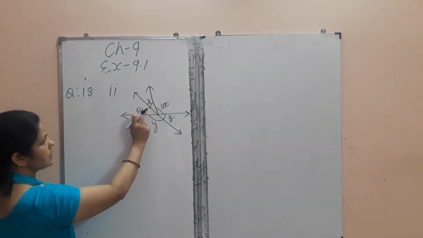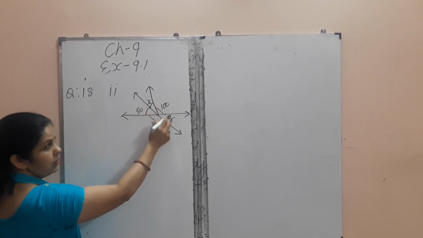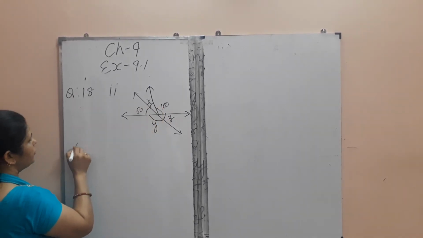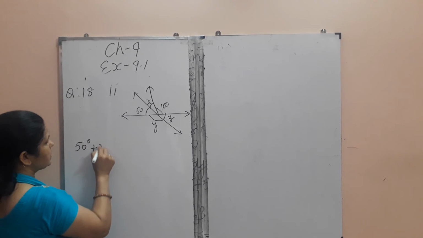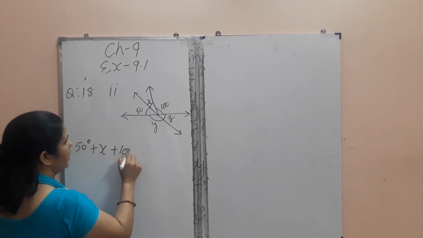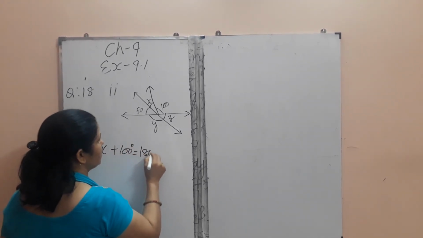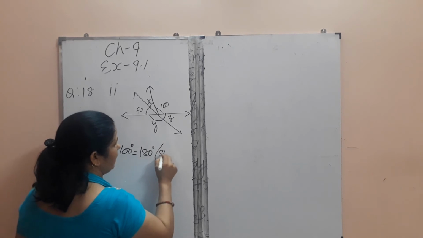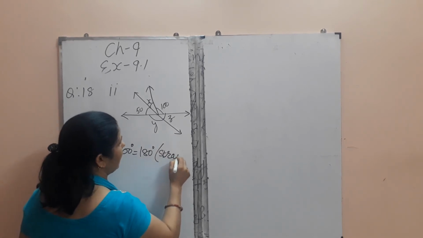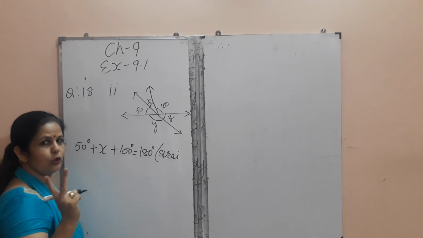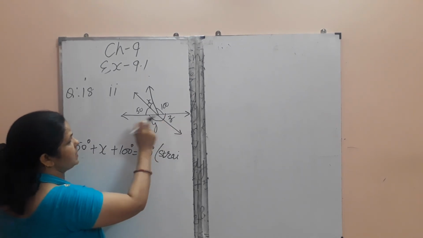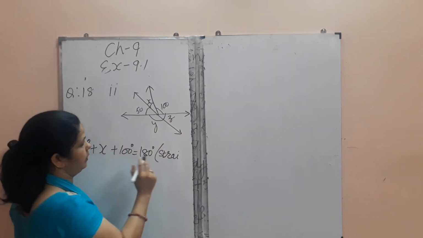Angle this plus this plus this, they are forming a straight angle. So 50 degree plus x plus 100 degree equals to 180 degree. Why? Straight angle. You can't say linear pair, because pair means only two angles. Y and z are forming a linear pair.